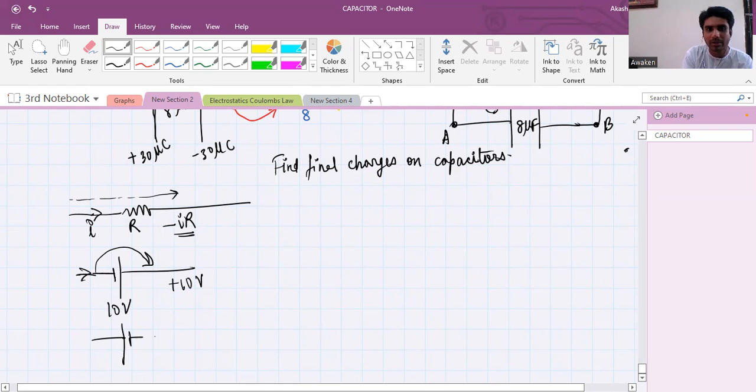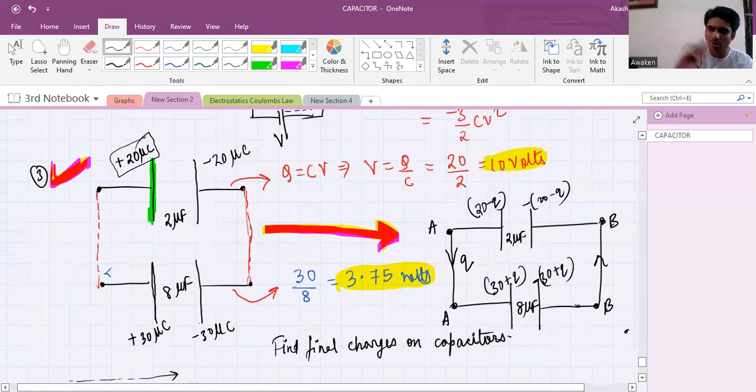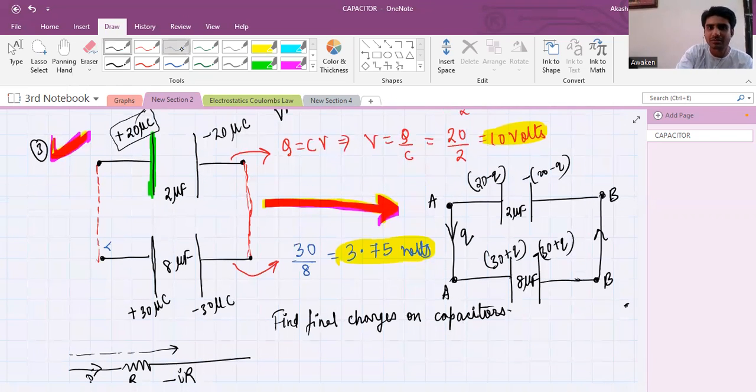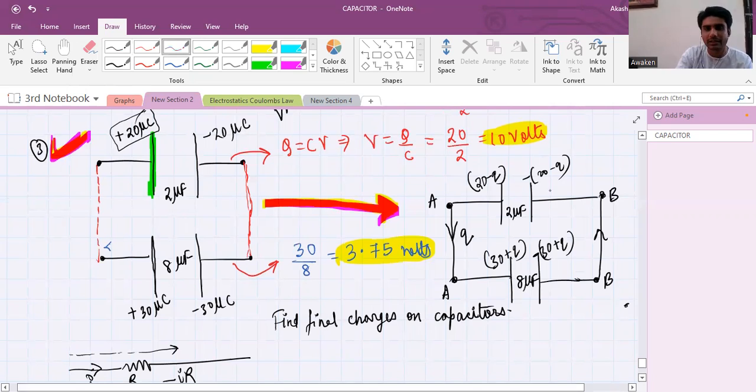Similarly, from higher potential to lower potential, it decreases. Always this is applicable. Let us start our journey from there.